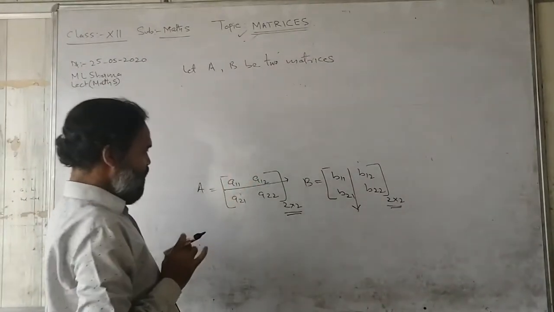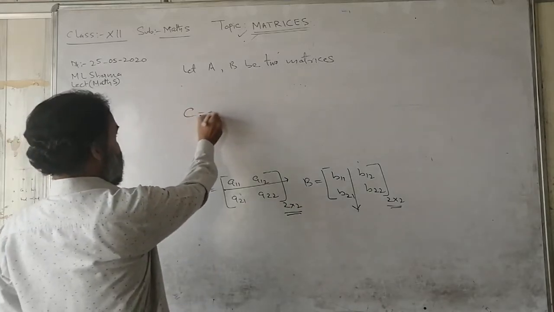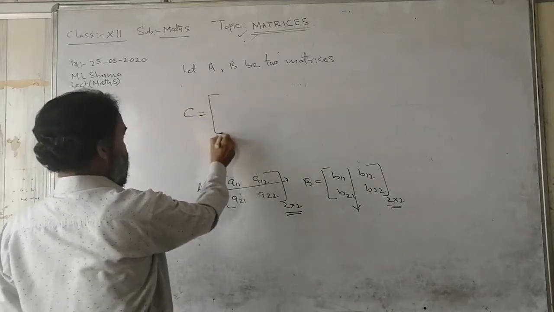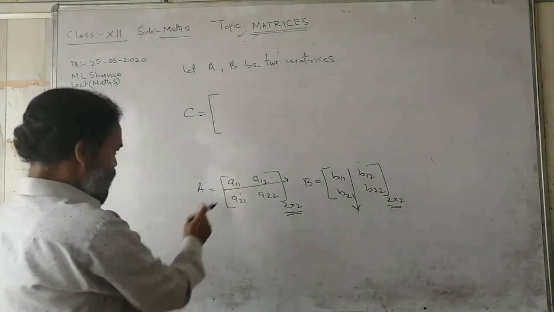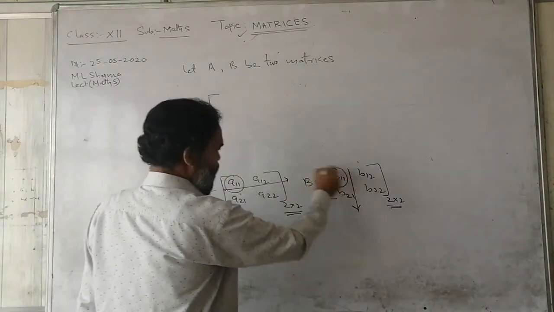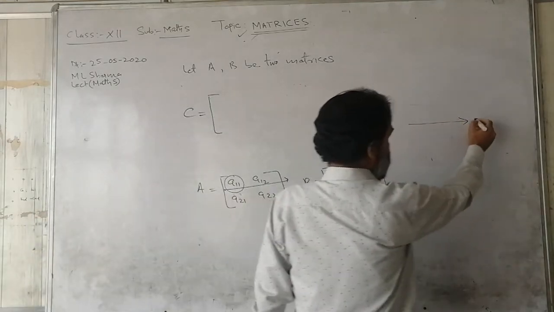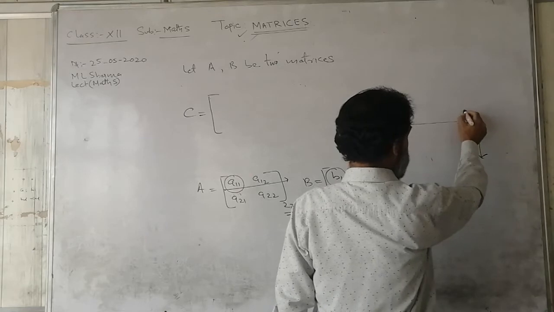Multiplication is carried out row by column.